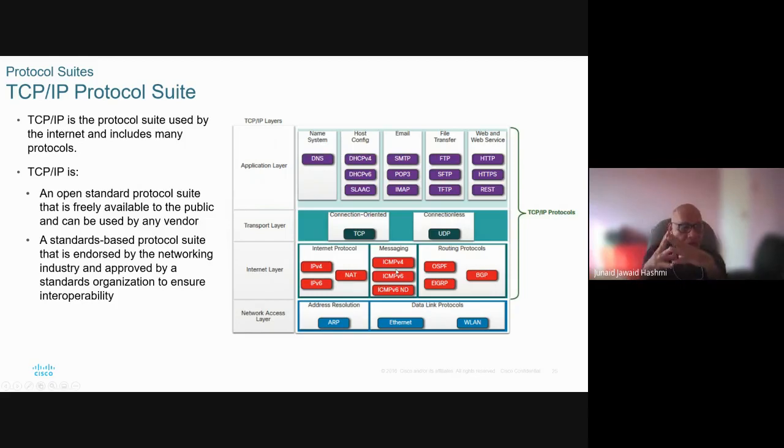So routers have their own protocols to communicate with each other. What is the job of the router? It is to route packets between different networks, and they use routing protocols to do that. Routing protocols, remember, are only used between routers. They're not used between devices.